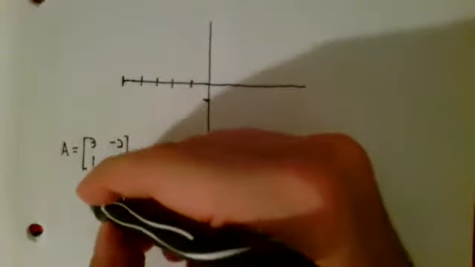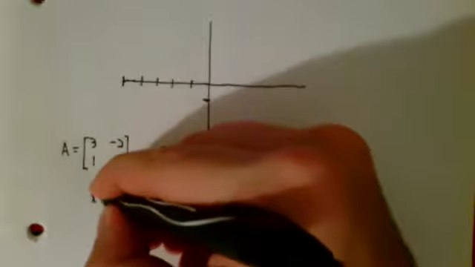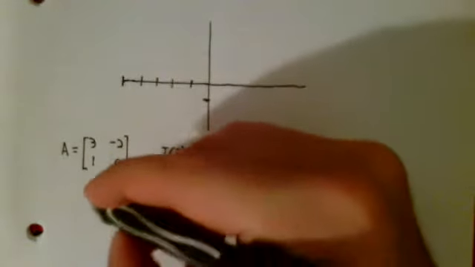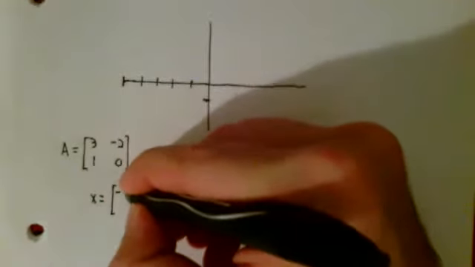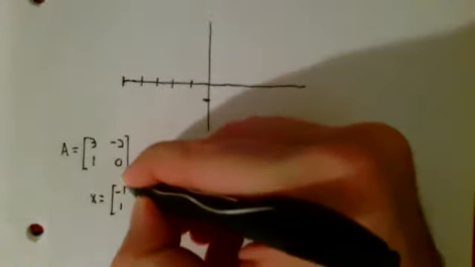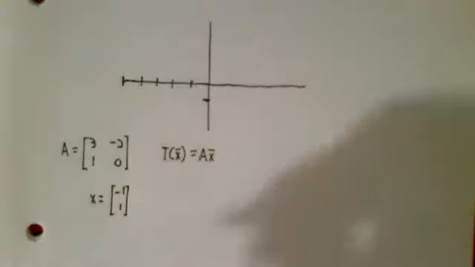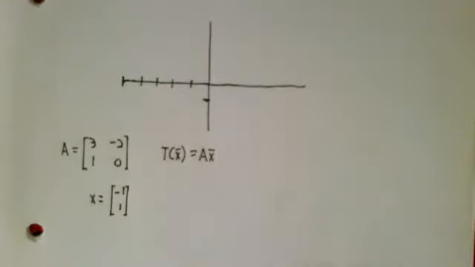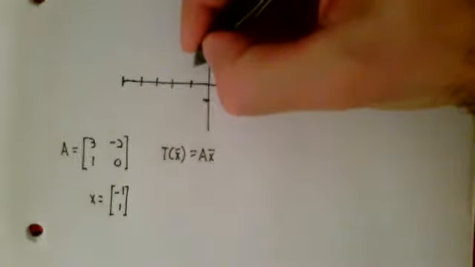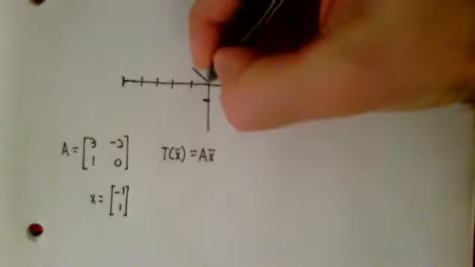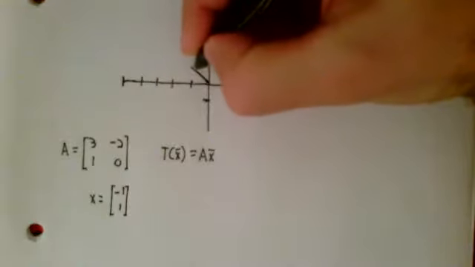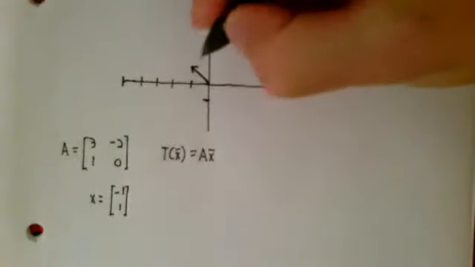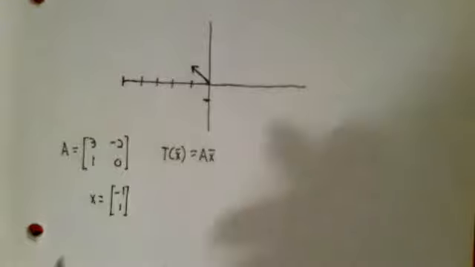So, for example, suppose that x is (-1, 1). And we apply this transformation to x. Here's where we begin.